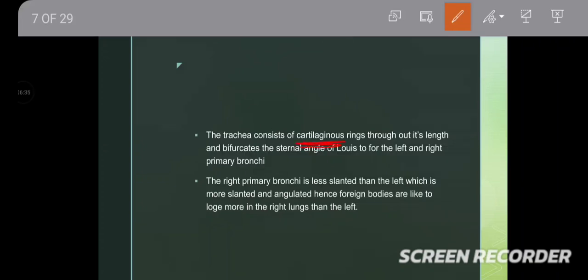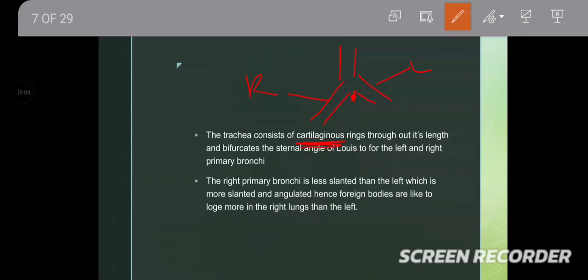As it comes down, it bifurcates at the sternal angle of Louis. This point where it bifurcates is called the carina. It has clinical significance.